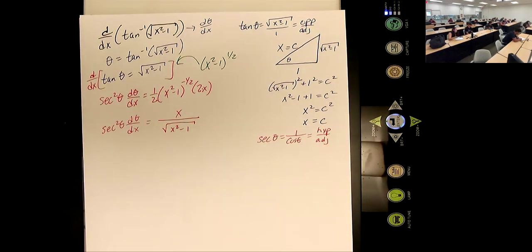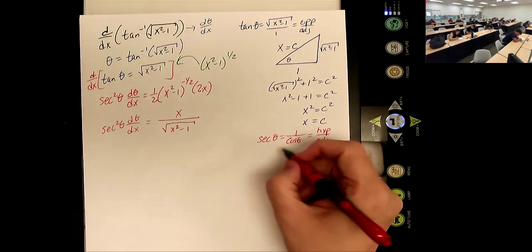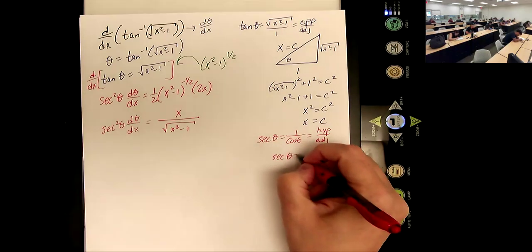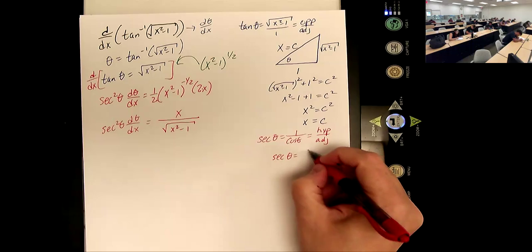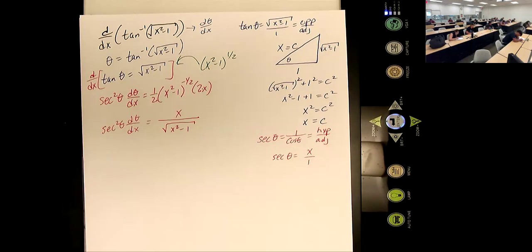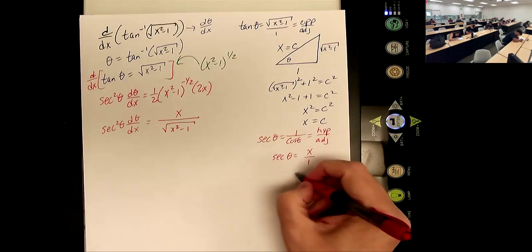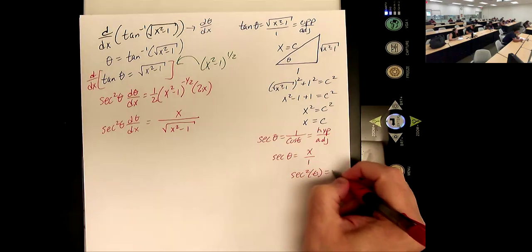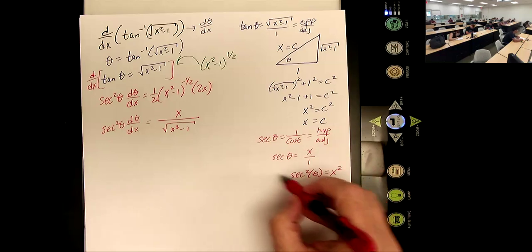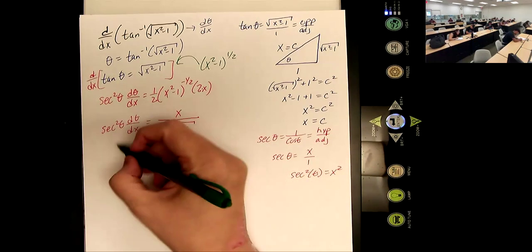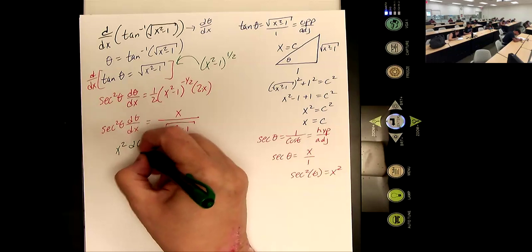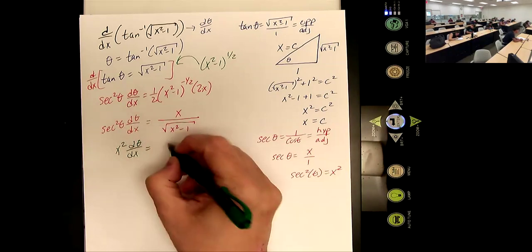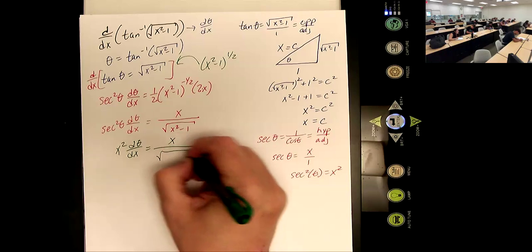So secant theta is hypotenuse x over adjacent 1, which means secant squared is x squared. And I'll take that and substitute that back in. I've got x squared d theta/dx equals x over the square root of x squared minus 1.